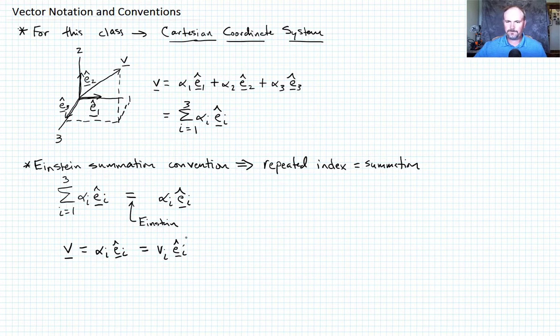Okay? Now, there's a couple things you should be aware of, things to watch out for with the Einstein notation convention. The number one thing is to say that an index, whatever index it is, can only be repeated once.